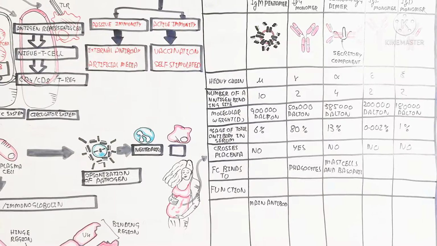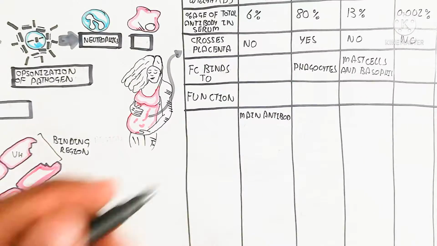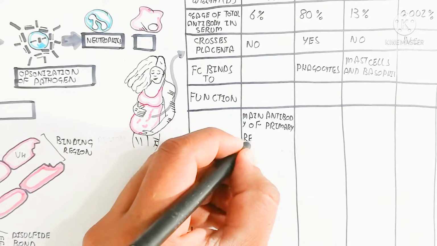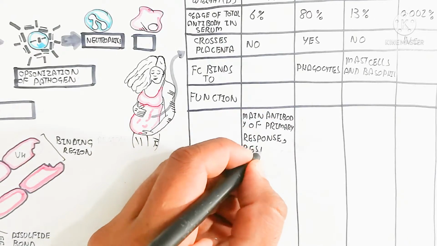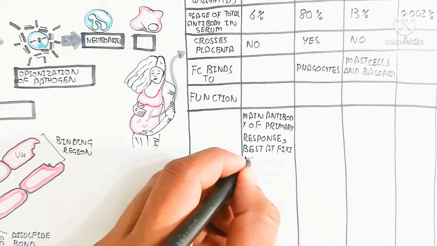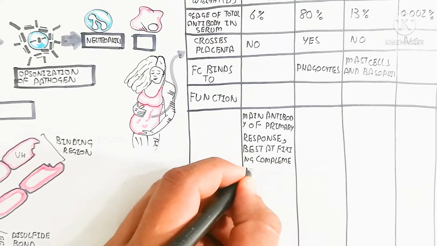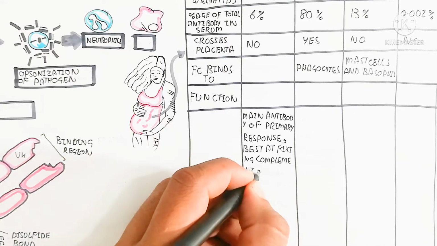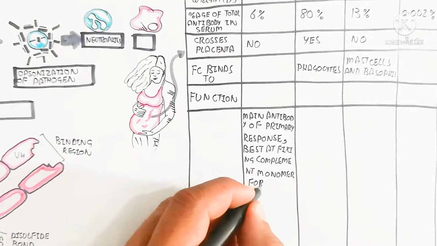So 80% is IgG monomer. The Fc portion binds to phagocytes for IgG monomer, to mast cells and basophils, and there is the secretory component in secretory IgA dimer.